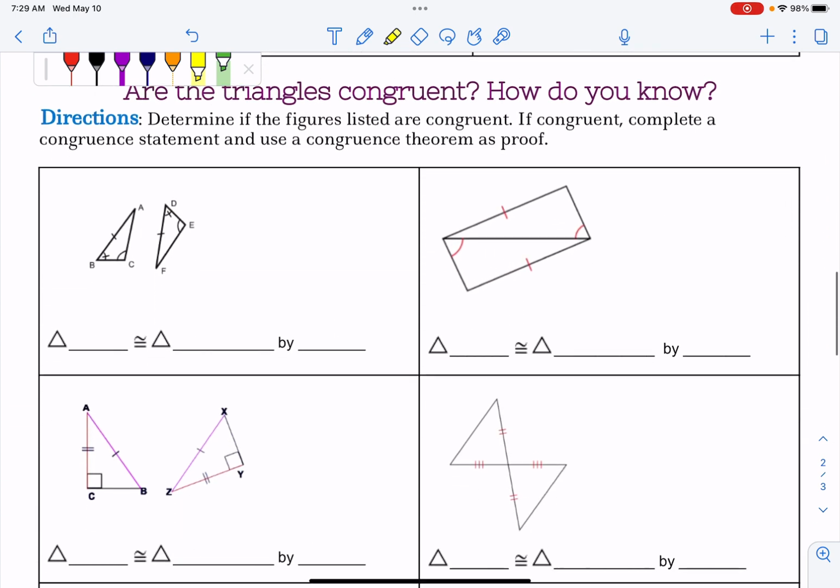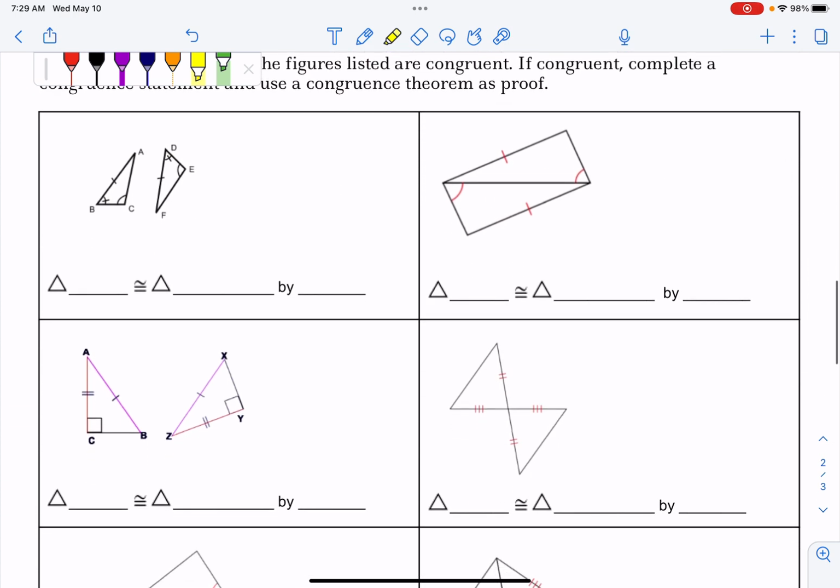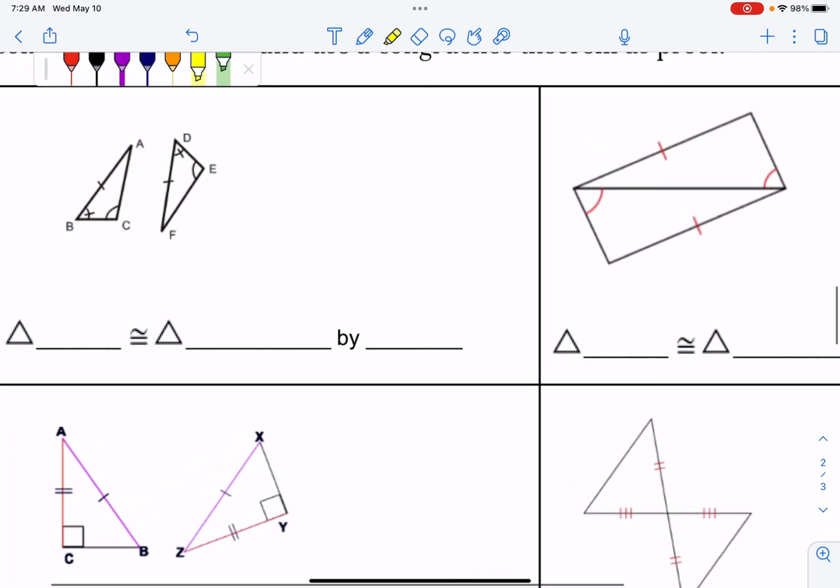All right, so when we look at these triangles, first, it's really important that we name these in a very specific way. So if I start with side C over here, when I name it congruent to my other triangle, I need to start with angle E over here.